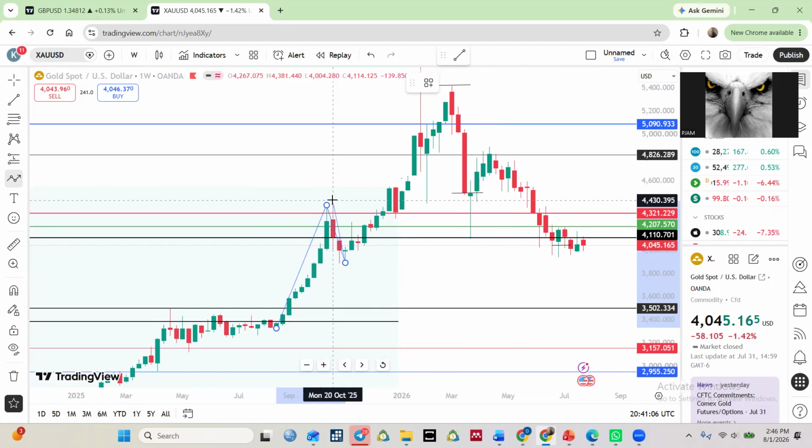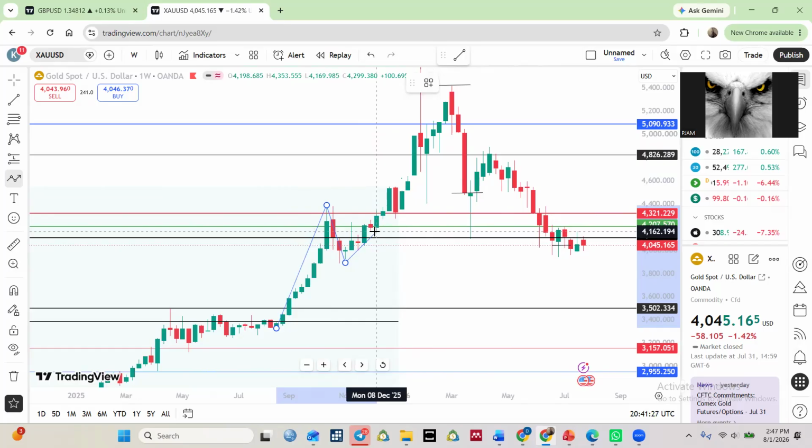Seven daily candles is what makes up one weekly candle. So you see, this is the weekly time frame. Each candle you see here, whether it is small or big, represents seven daily candles.